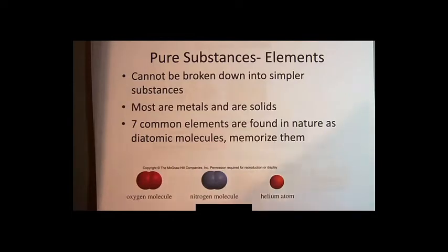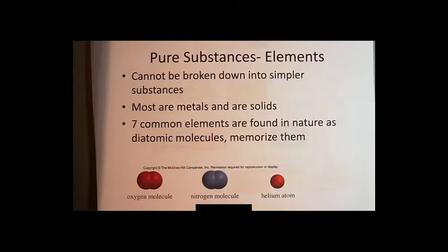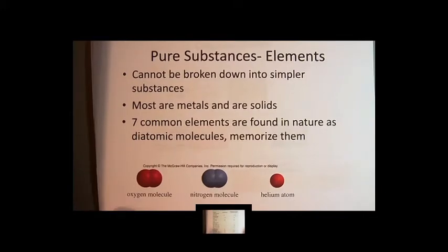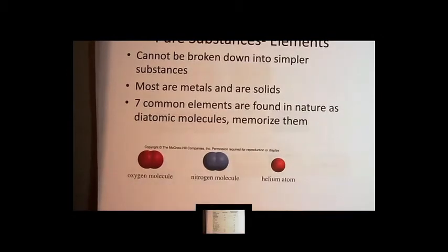Further, most elements, as they exist in nature, can exist stably as single atoms. But there are 7 common elements that are never found as single atoms in nature. They're all found as diatomic molecules, and we're going to have to memorize them. But first of all, what I mean by a single atom, for example, helium.